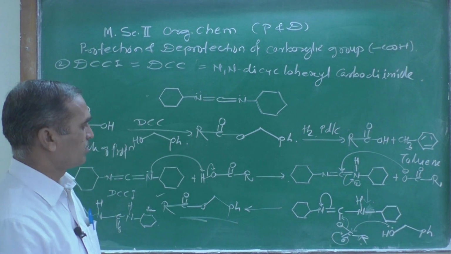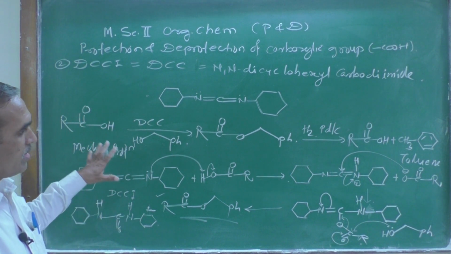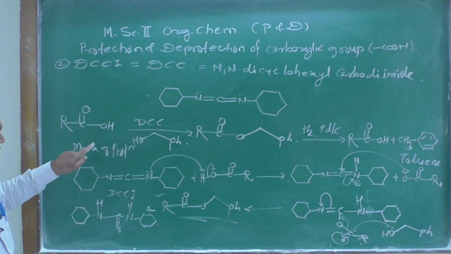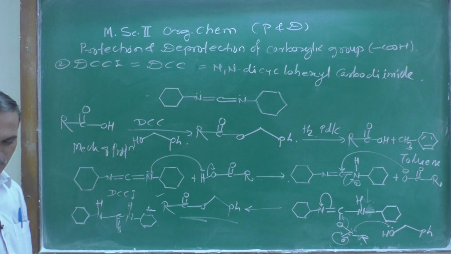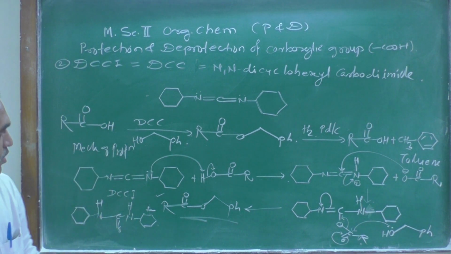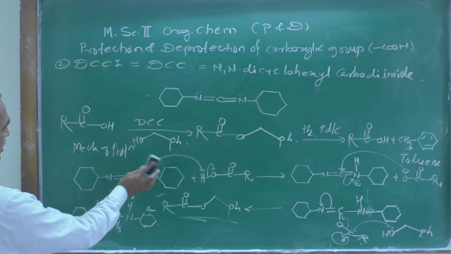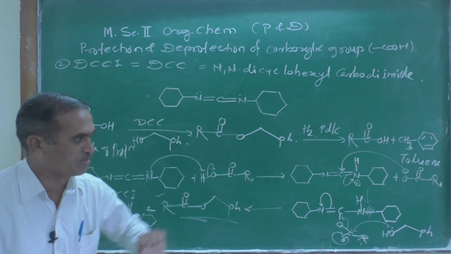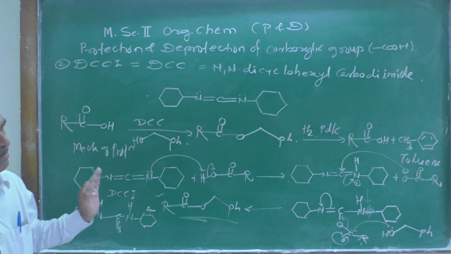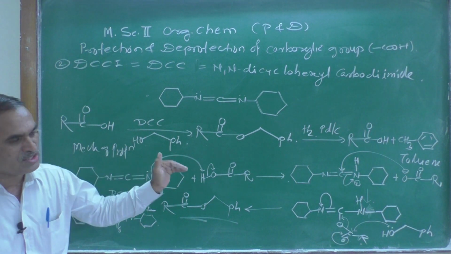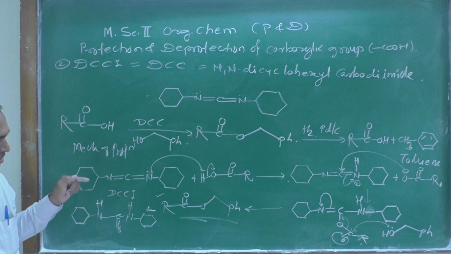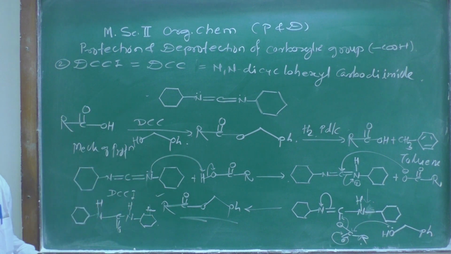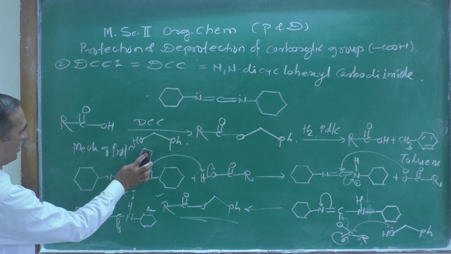Now let us move on to the next mechanism, that is the mechanism of the deprotection. Now this is the mechanism of the protection we have seen step by step. Observe these steps carefully, then you can understand how the mechanism takes place over here.